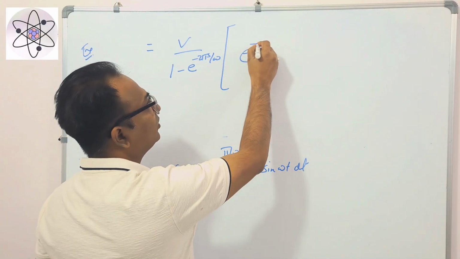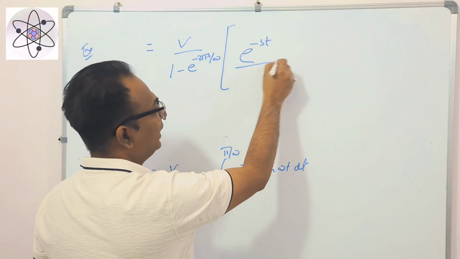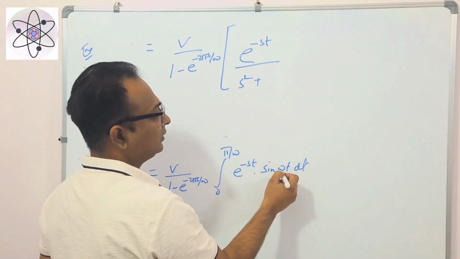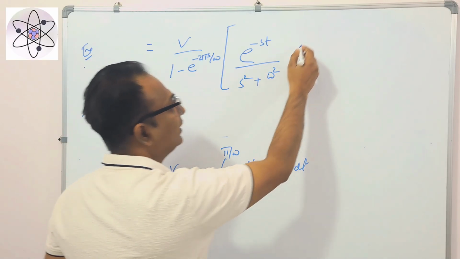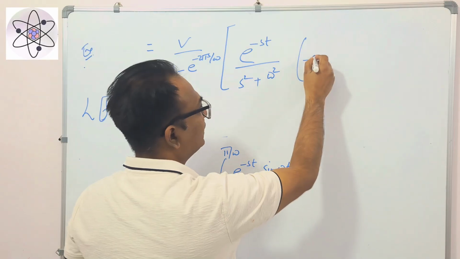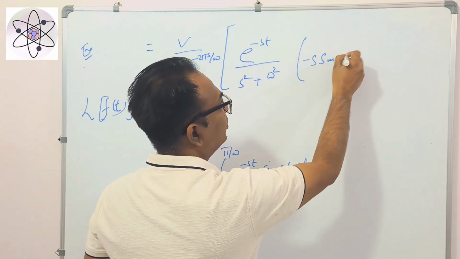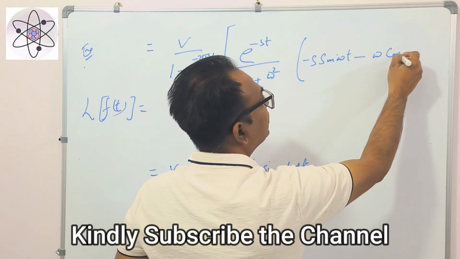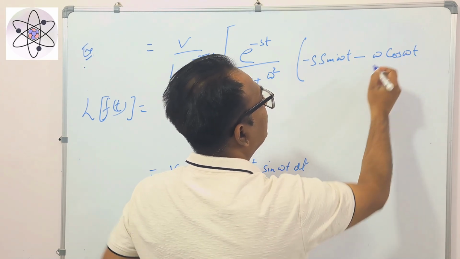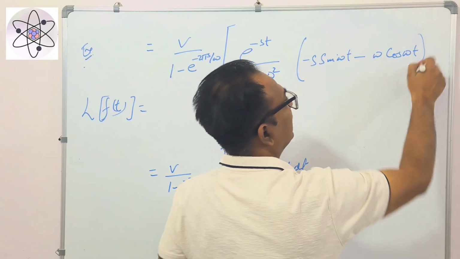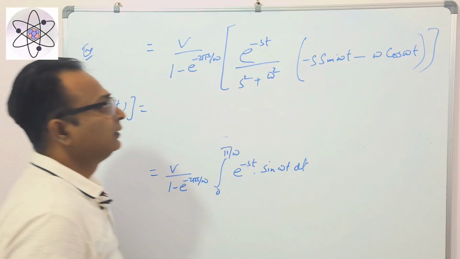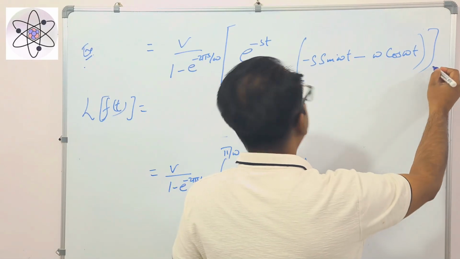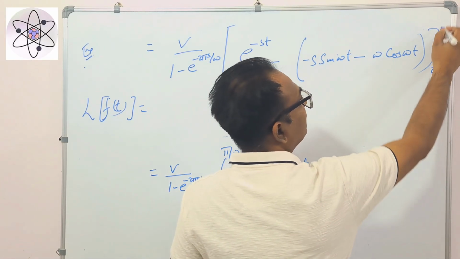So this will be e to the power minus st by s square plus omega square, where this is a and this is b, times the bracket minus s sine omega t minus omega cos omega t. This is what we get, and the limits are 0 to pi by omega.